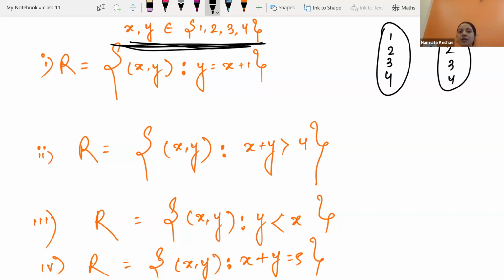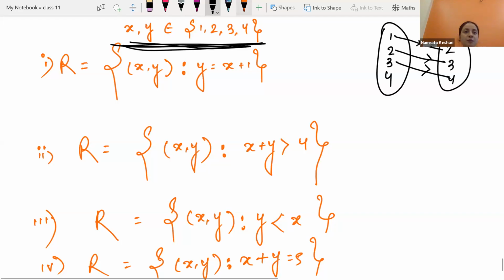According to the first relation, y is equal to x plus 1, which we have done just now. When x is 1, y will be 2, right? When x is 2, y is 3. When x is 3, y is 4. And when x is 4, we cannot take. Is it a function?